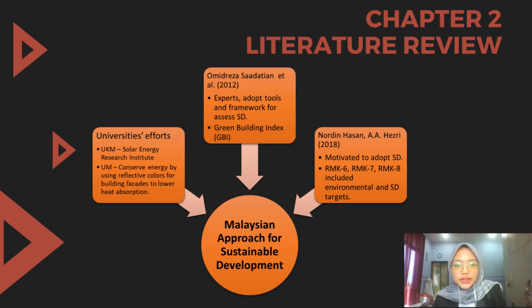One example is the Green Building Index (GBI), and in their research they highlighted universities' efforts for SD, for example UKM, which has a Solar Energy Research Institute on its campus, and also University of Malaya. They conserve energy by using reflective colors for their building facade to lower heat absorption.